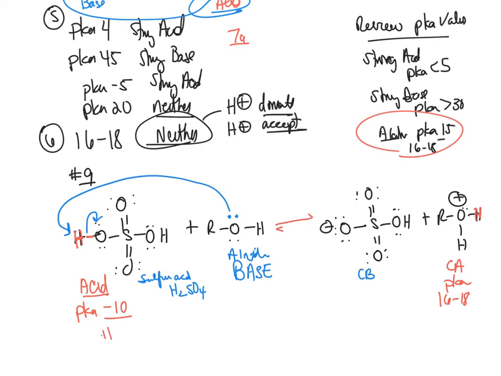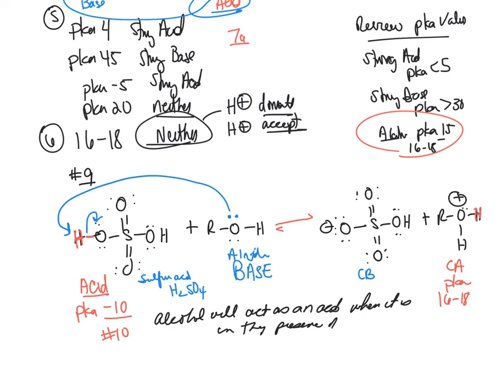Okay, question number 10. Once your group has reached an agreement on the questions, determine under what conditions an alcohol will act as a base and what conditions it will act as an acid. Okay, so what did you write? Alcohol will act as an acid when it is in the presence of a strong base.